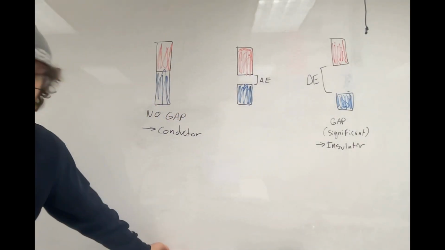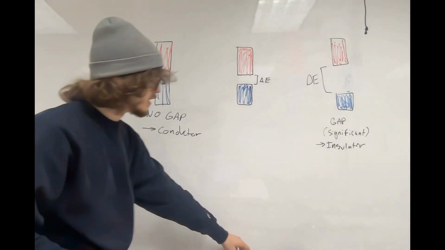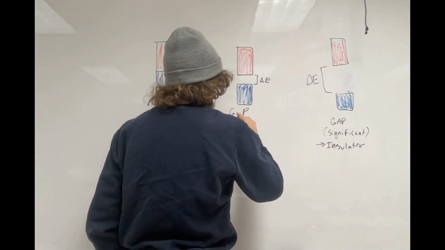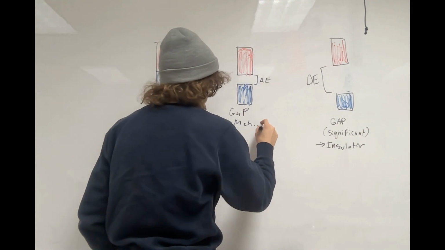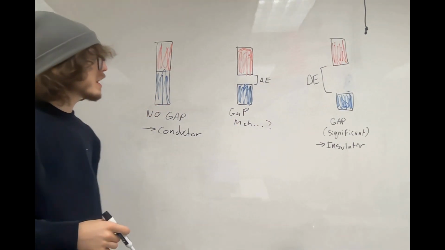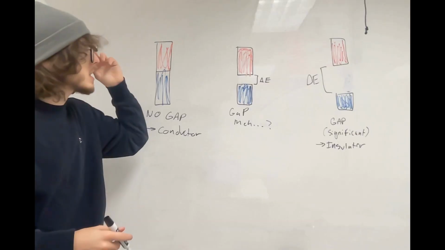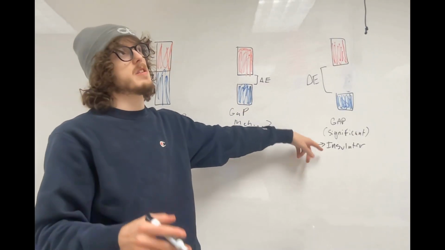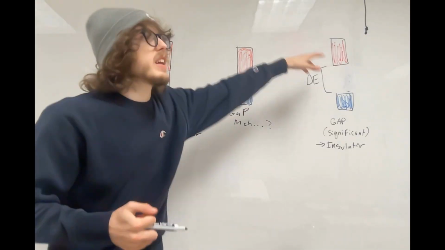And what can happen is we say the gap is meh. It's whatever, it's small. That means when an electron comes in, it's not going to suffer as much oomph to get into the LUMO.